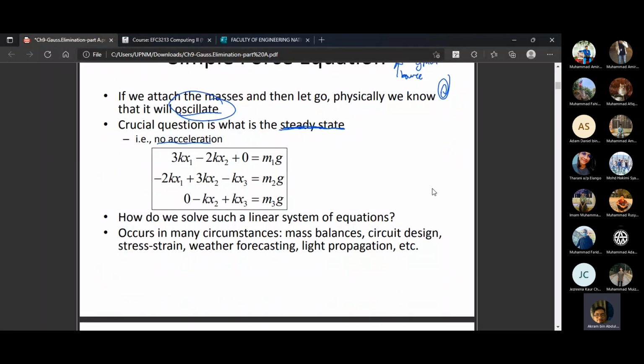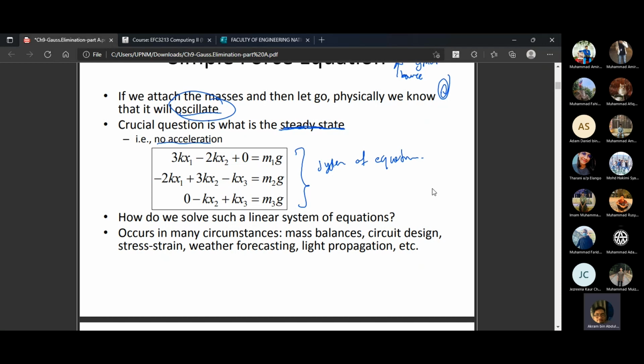Then how can we solve such a linear system of equations? In a steady state, we can have this kind of system of equations. How can we find the values of x?